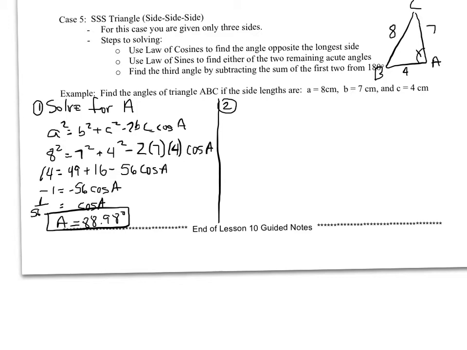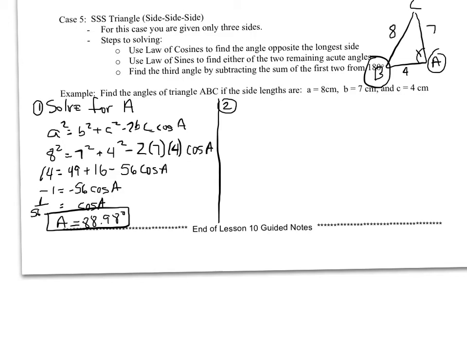The other 2 will always be acute. Therefore, we won't have to consider that we might have 2 solutions with the law of sines. So I'm going to solve for angle B next. I've already solved for angle A, and then C I'll get with substitution.